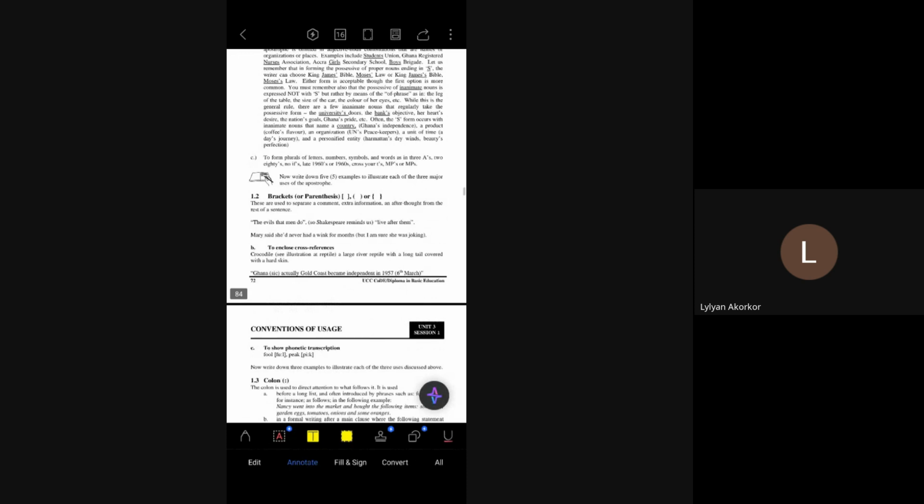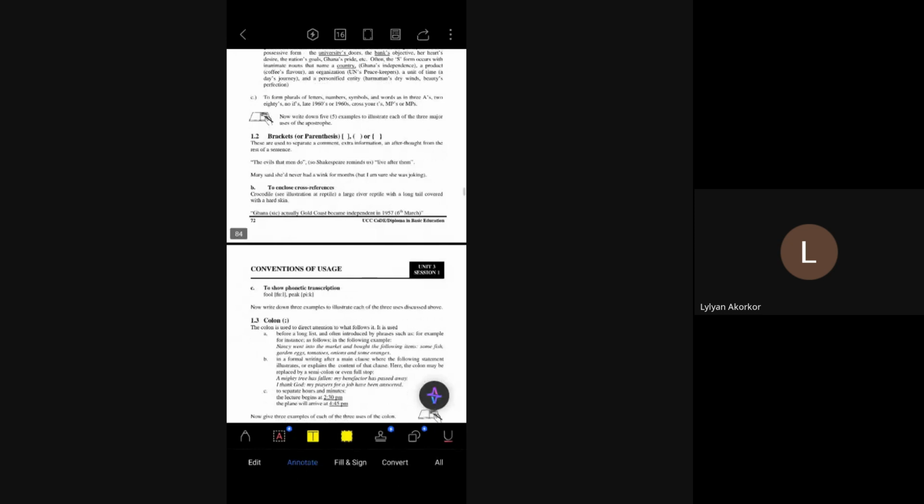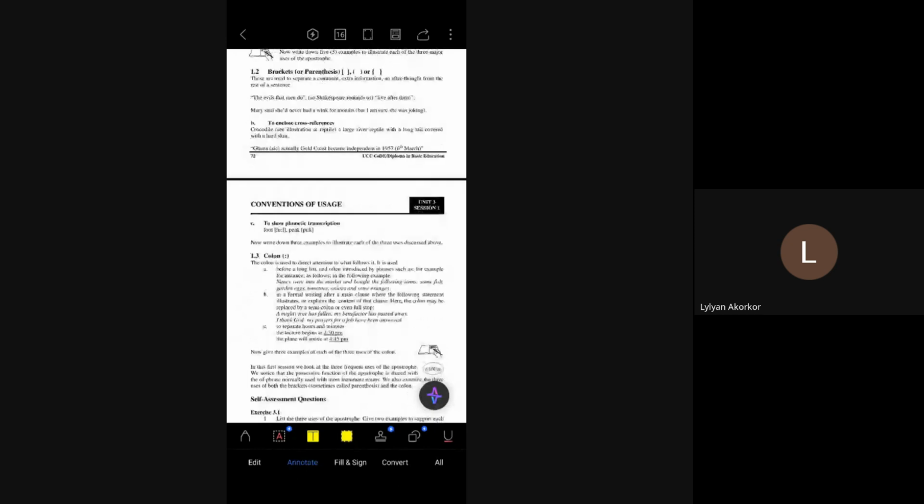In the book, we have a sentence like: the evils that men do (so Shakespeare reminds us) lives after them. So Shakespeare here is just extra information about the statement that we are writing, that he was the one who said it. But if that statement is taken out, the meaning of the sentence is still clear.